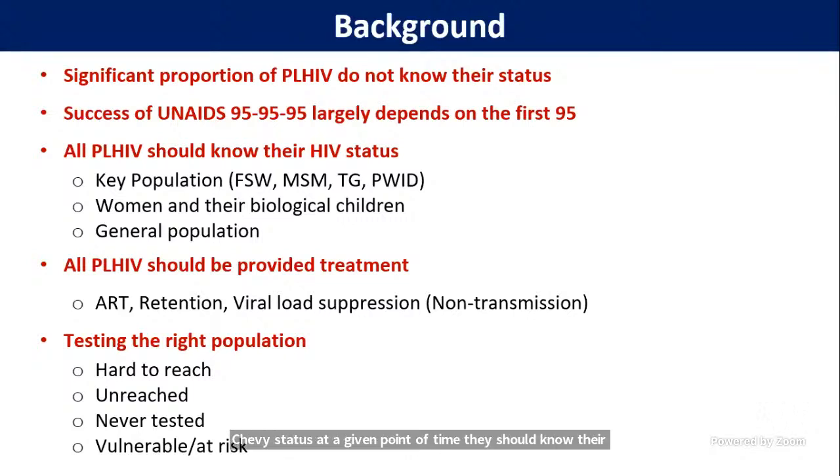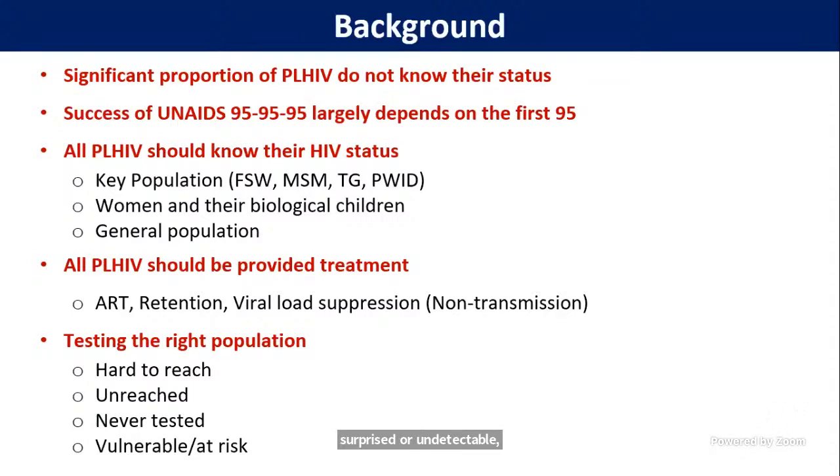It can be a person from a key population, or a woman, or their biological children, or simply a person from the general population. Everyone needs to know their HIV status. And those who know their status need to be linked with treatment services, and their ART should be started at the earliest, and they should remain in care with 100% adherence, so that their viral load remains suppressed or undetectable.